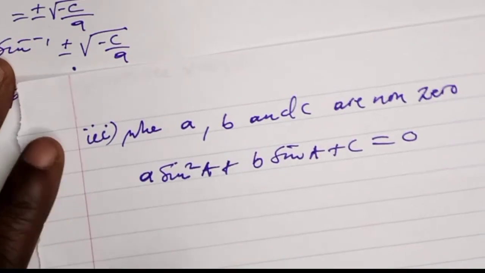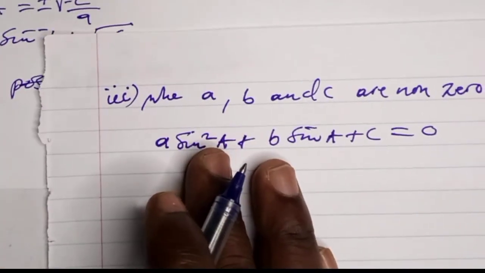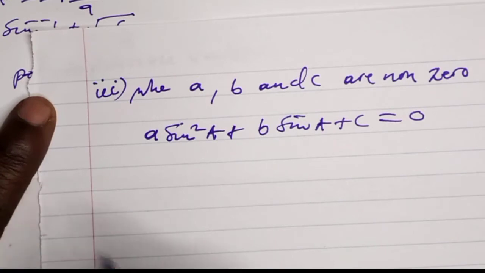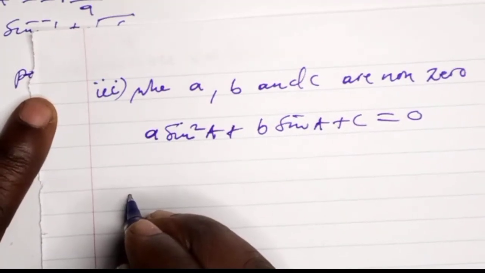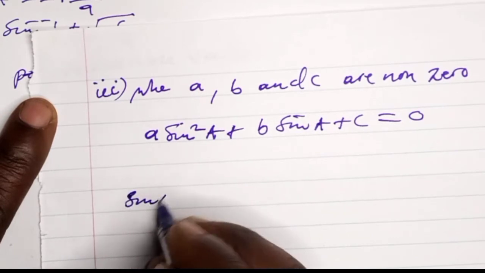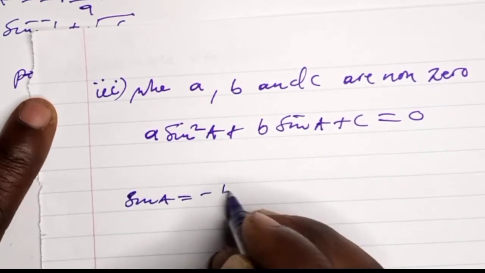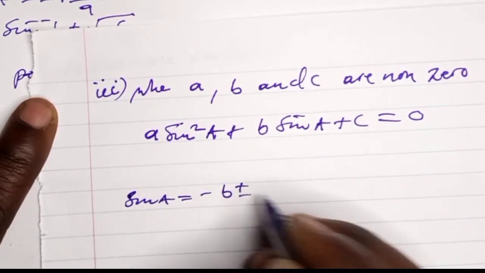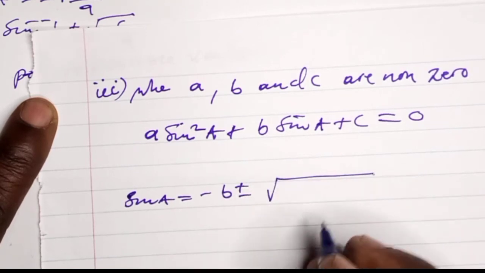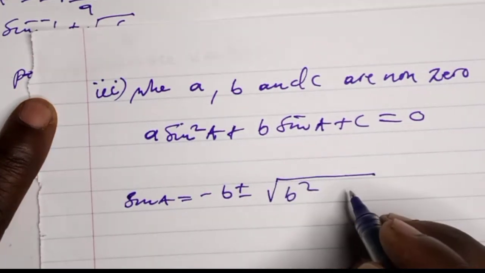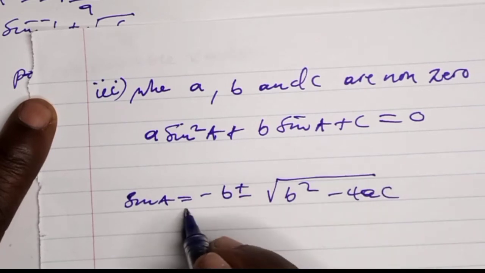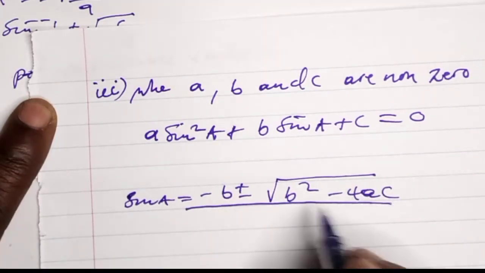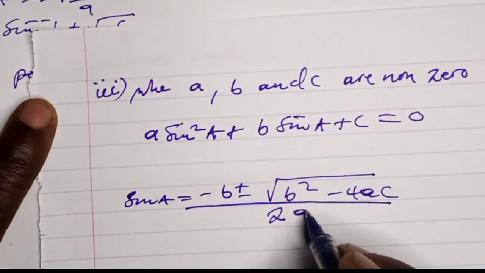So now we are going to use the quadratic formula which we all know, which is sine A equals minus b plus or minus the square root of b squared minus 4ac, divided by 2a.